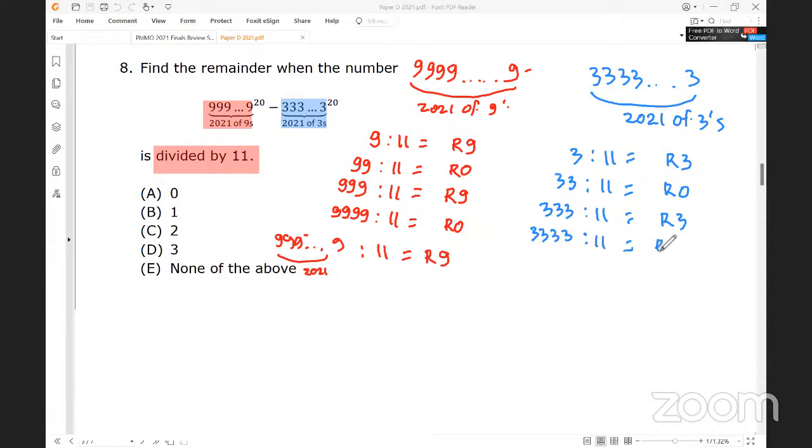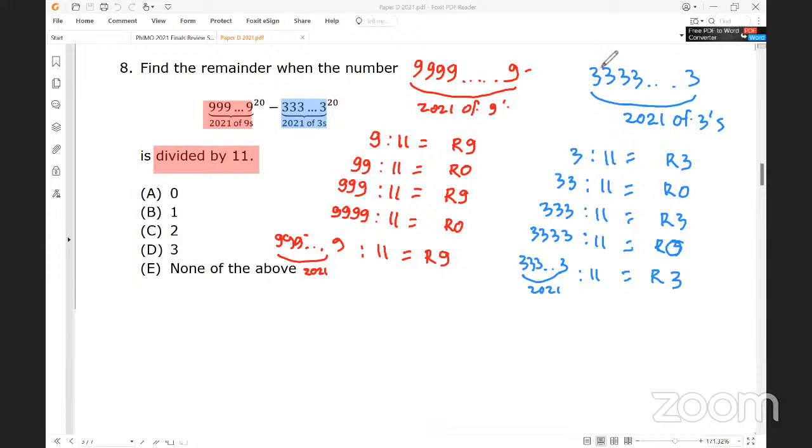See? Exactly the same. So with 2021 3s divided by 11, the remainder will be 3. The same rule, the same way.